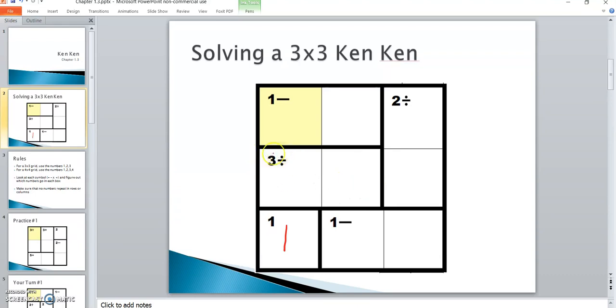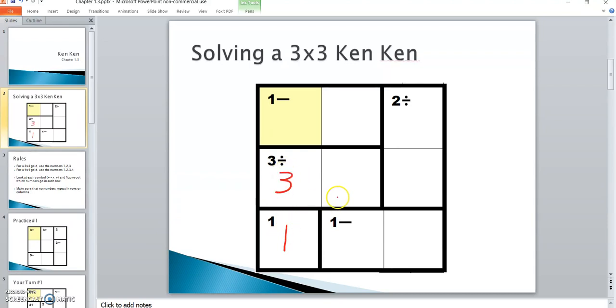I'm going to try this one right here. So these two numbers, when you divide them, equal 3. So when I divide 3 by 1, I get 3. So I know that in this square, or this square, is going to be a 3, and the other one is going to be a 1. Now I can't put a 1 here because I already have a 1.